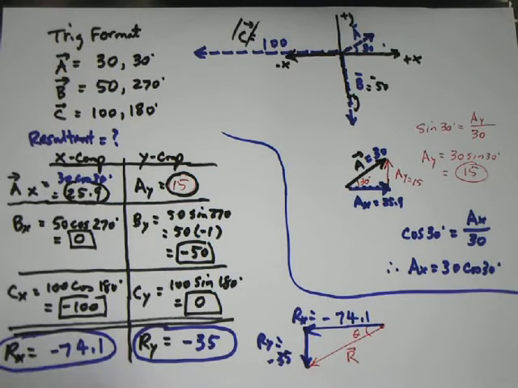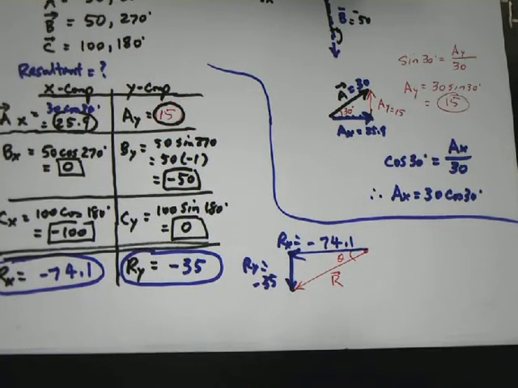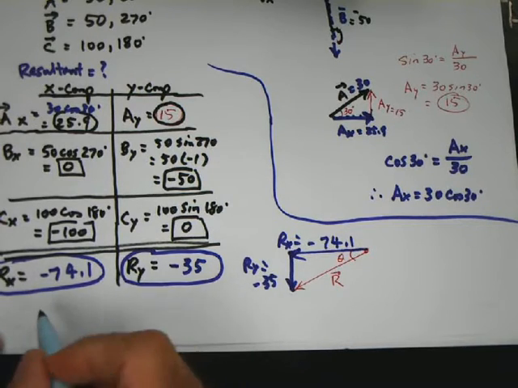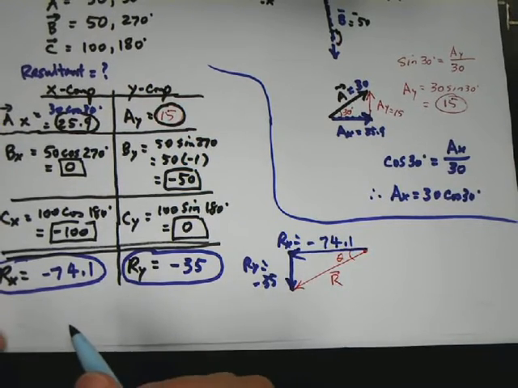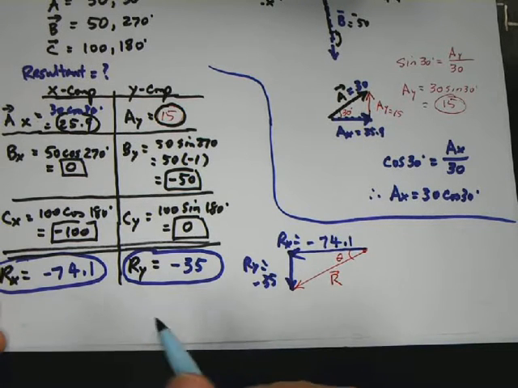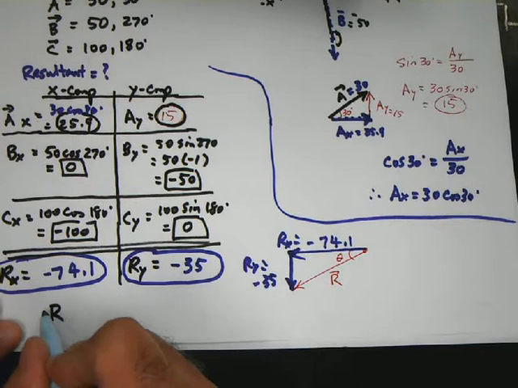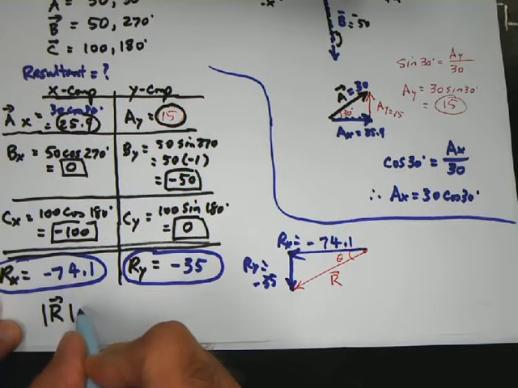That would be the resultant, and we'd also need to find the angle of that. So how do we do that? Well, we can use the good old Pythagorean theorem. Okay, so let's do that real quick. Remember the Pythagorean theorem is c squared equals a squared plus b squared, or c equals the square root of a squared plus b squared.